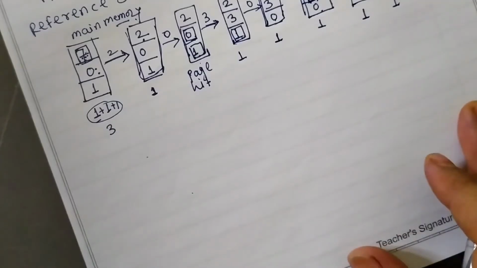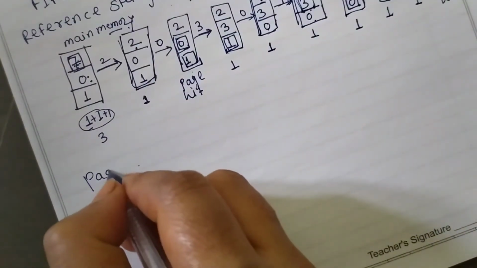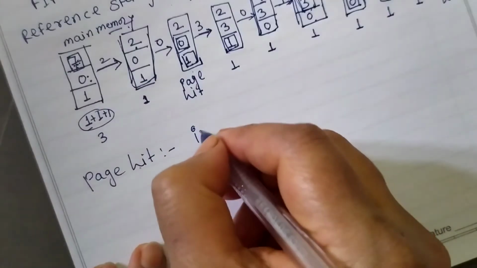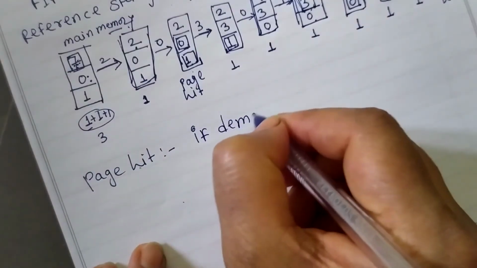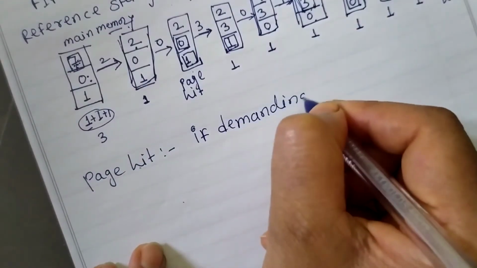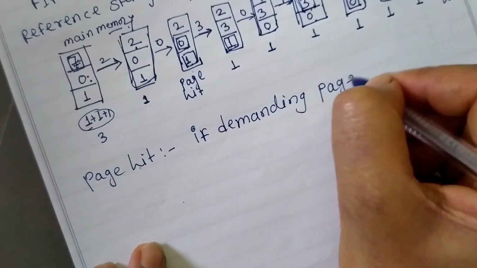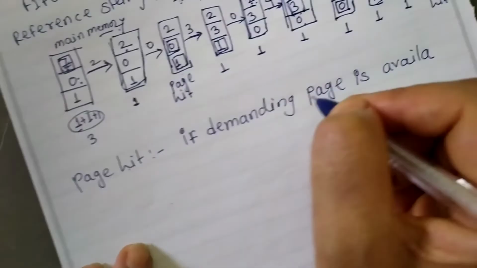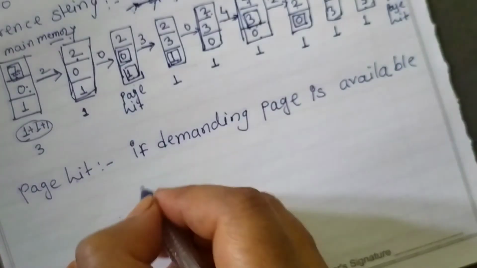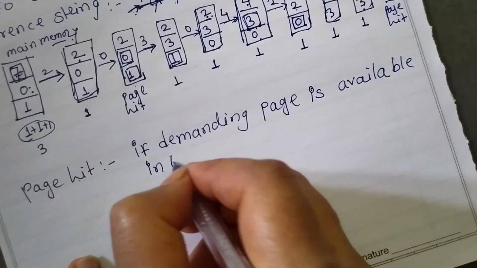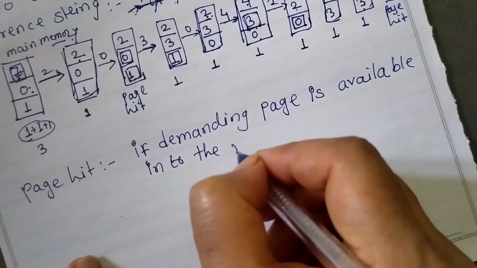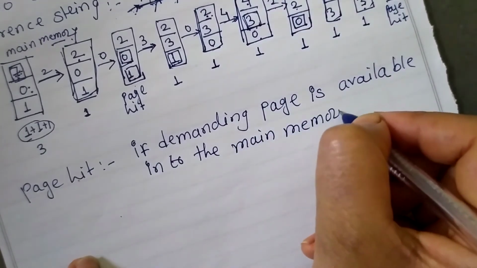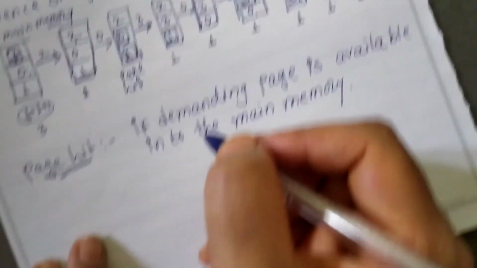So what does page hit mean? Page hit means if the demanded page is available in the main memory, then it is called a page hit.